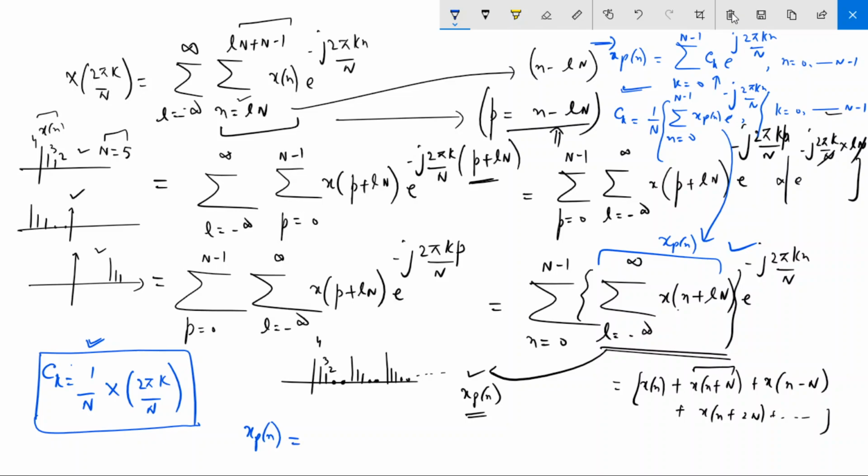So xpn will be equal to 1 by n, that will come from this 1 by n, summation of ck.